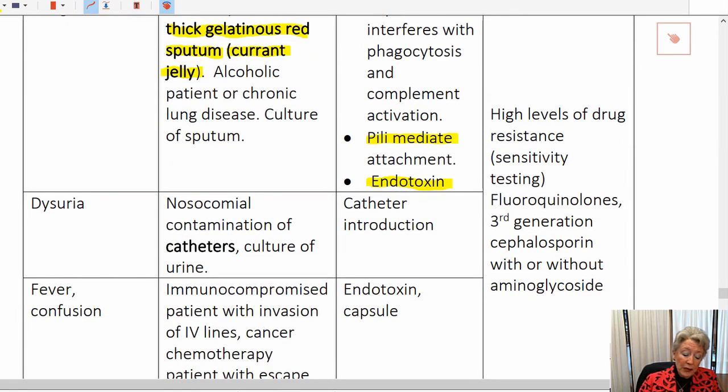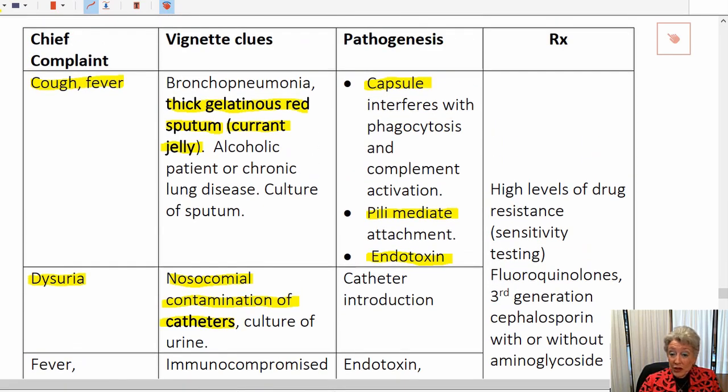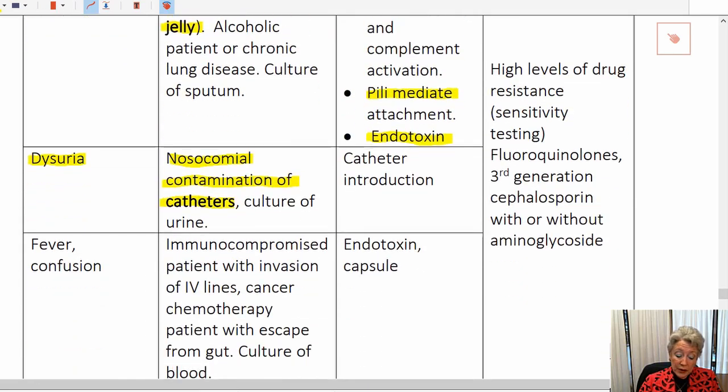Dysuria, if I have a urinary tract infection. Realize typically with Klebsiella, it happens following some sort of nosocomial contamination of catheters. So I would culture the urine and find the classic description of the family. The pathogenesis is the mechanical introduction of the catheter.